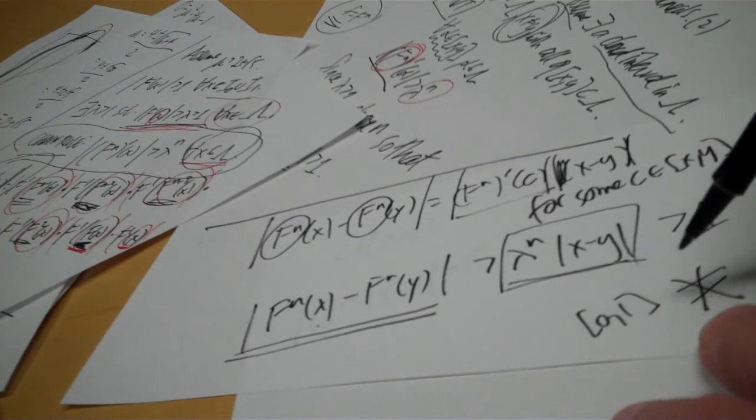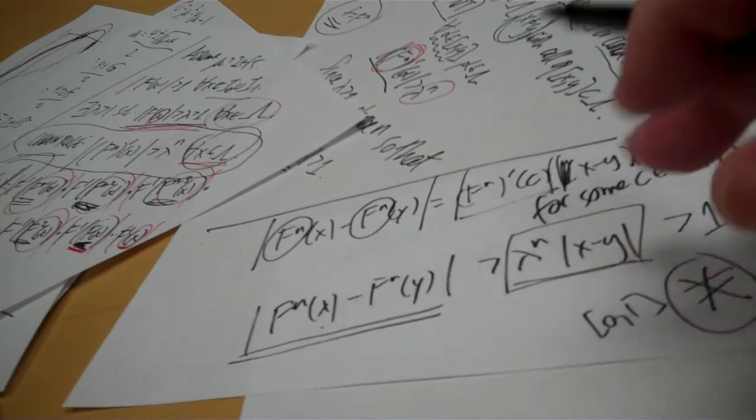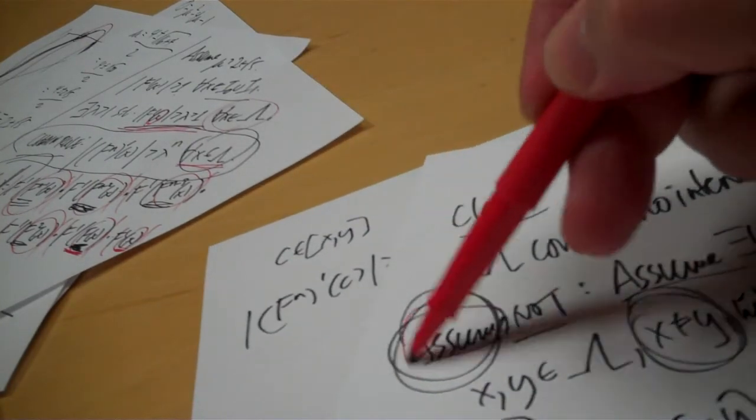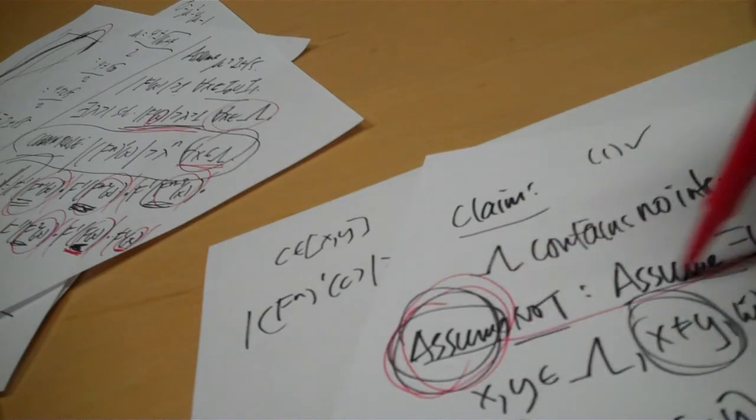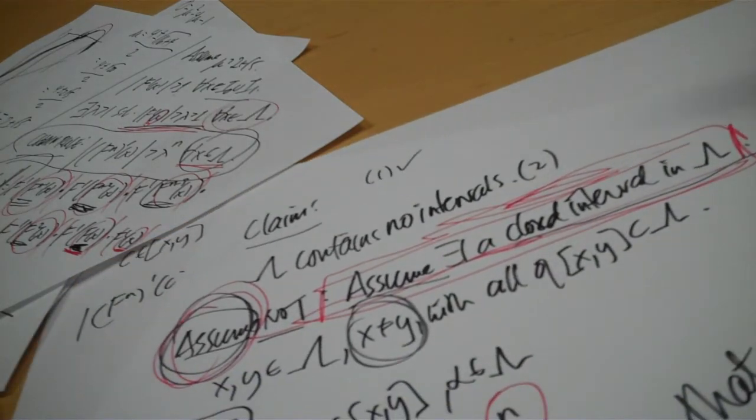One of x and y has to get outside, but the assumption was that x and y were in lambda, and lambda is the set of all points that don't go outside. So that's got to be a contradiction. What led to that contradiction? The only place that we assumed anything: we assumed there was a whole interval of points between x and y, which is what allowed us to use the mean value theorem and come up with that contradiction.